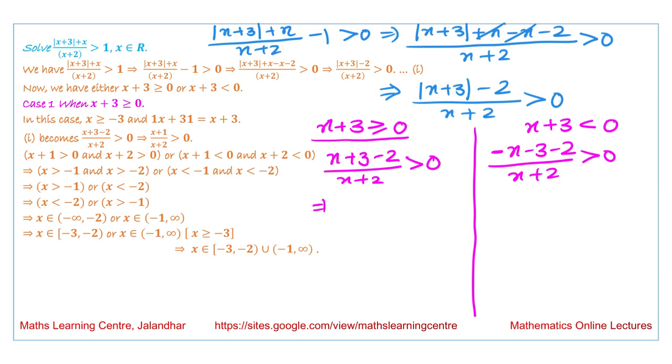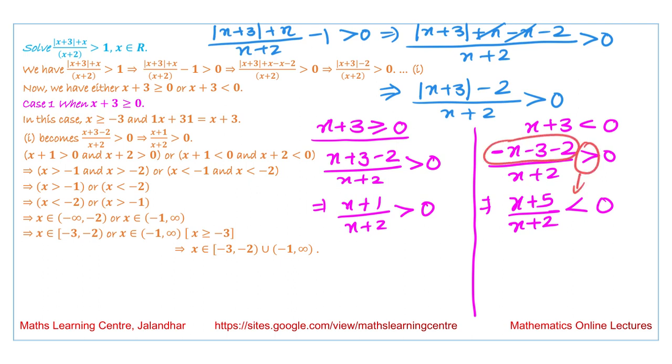So the first implies x plus 1 over x plus 2 is greater than 0, and the second implies that x plus 5 over x plus 2 is less than 0. Why is this sign reversed? Because we have taken the minus sign common from this term and multiplied both sides of the inequality by minus 1. Now, further this will have two cases.